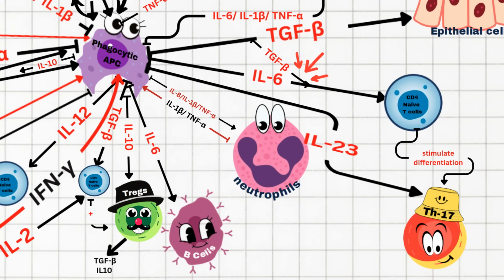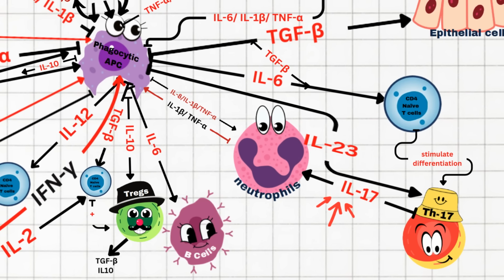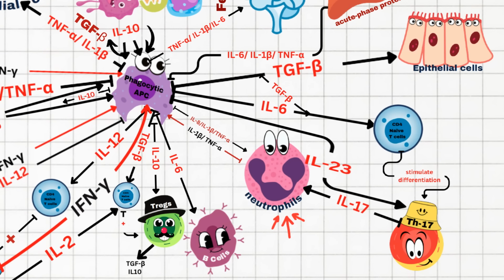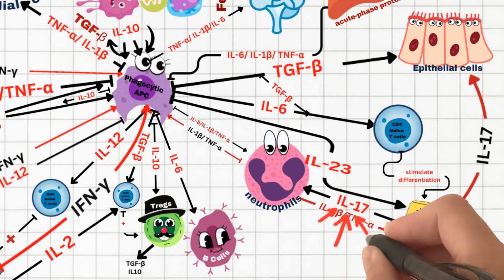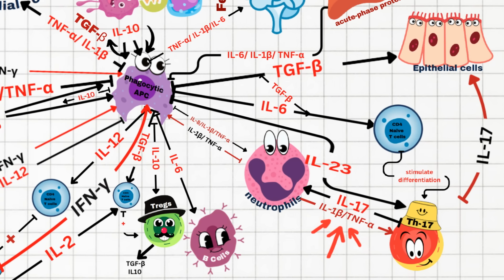T helper 17 cells reply by releasing interleukin-17, which recruits and activates neutrophils and other non-lymphoid cells, such as epithelial cells. In return, neutrophils release interleukin-1 beta and tumor necrosis factor alpha to enhance and amplify the inflammatory response, ensuring a robust immune defense.